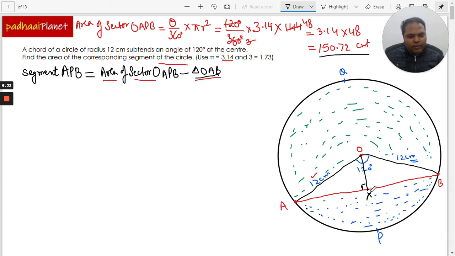And suppose this is X, then AX is equal to BX, right? So now we will also consider these two triangles, OAX and OBX. Let's consider these two triangles.